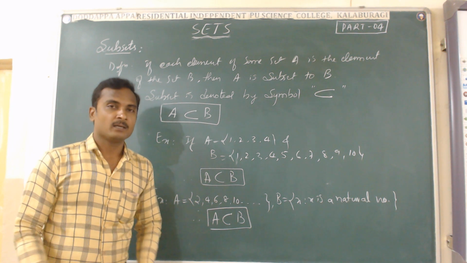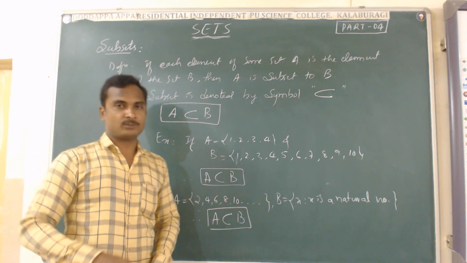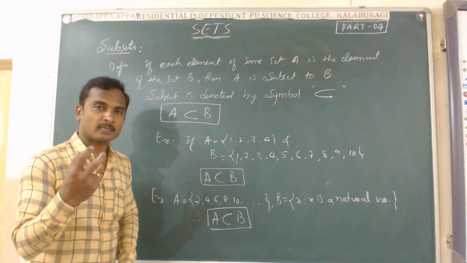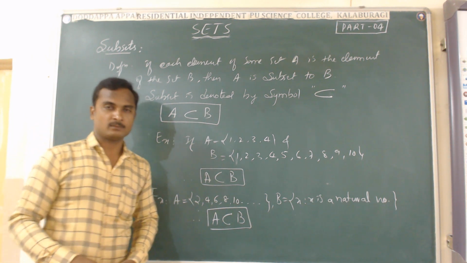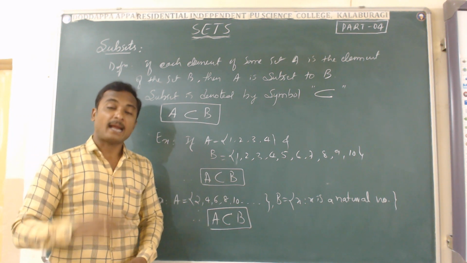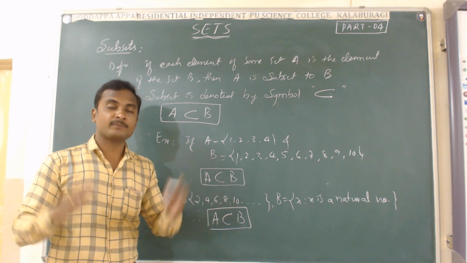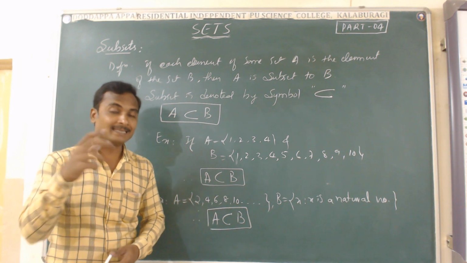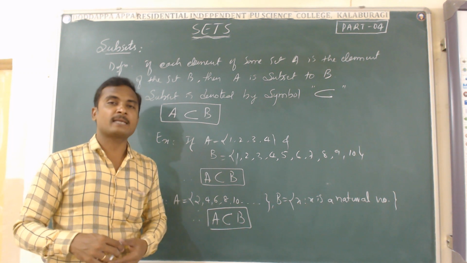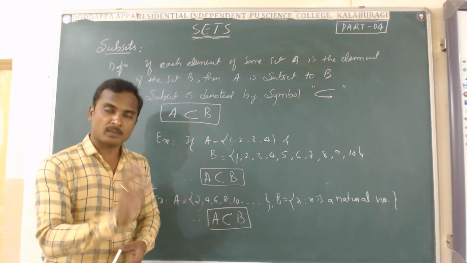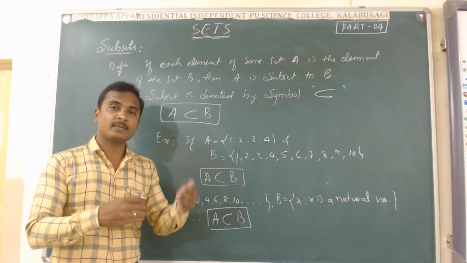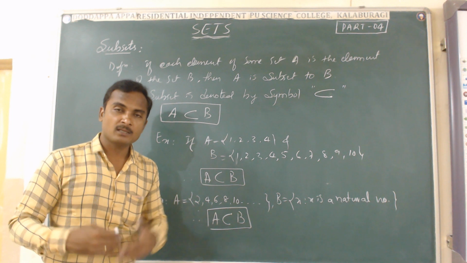So these are the best examples we can give. For example, if a set A contains 10 students from your section, from roll number 1 to 10, and the set B contains the total number of students of your section, then the students of the set A, roll number 1 to 10, are also present in the second set B, because set B contains all the students of your section.